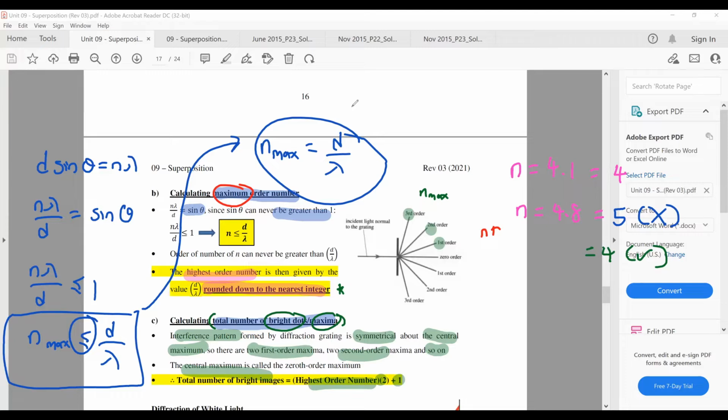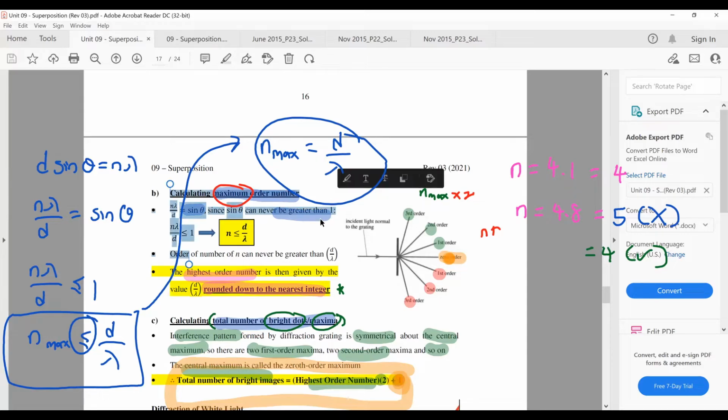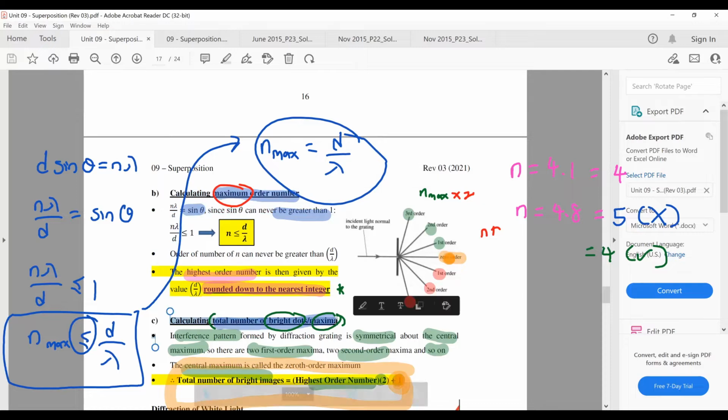If you multiply by 2, you take into account this side too. But there's another one that you haven't taken into account, which is the center one. That's where your plus 1 came about, because you're adding the zero order. So the first equation gives you the maximum order, and this one gives you the total number of maxima. So there's a difference between calculating maximum order number and calculating the total number of maxima.